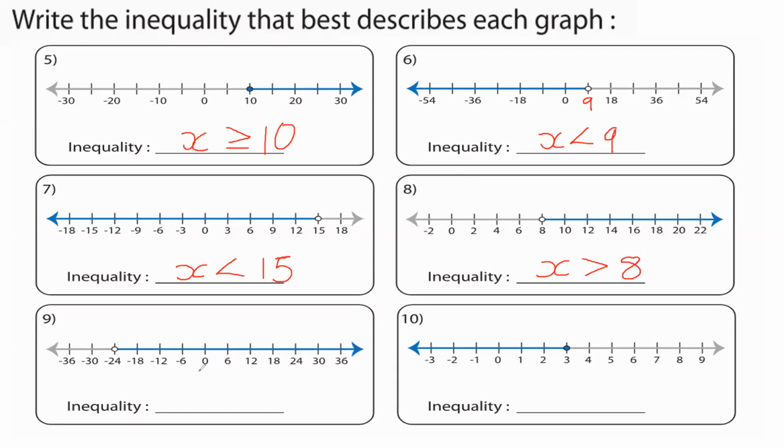For number 9, we have X is going to be greater than negative 24. And then for number 10, we have X is going to be less than or equal to 3.